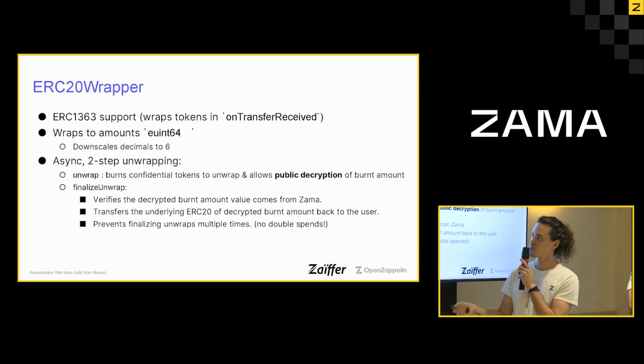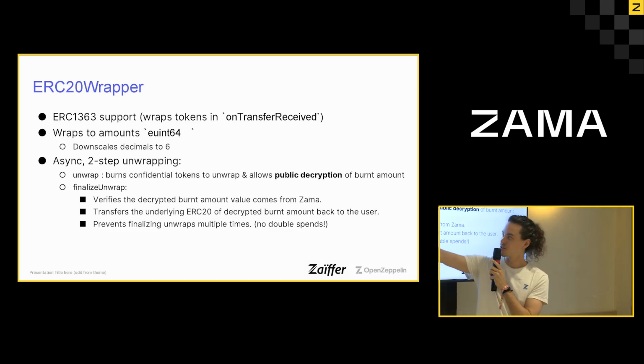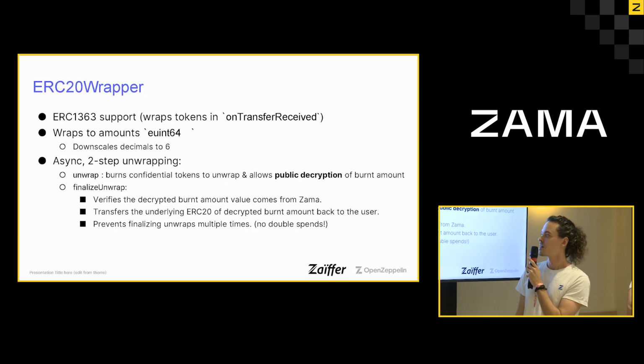The first call, unwrap, will burn the confidential tokens that you are unwrapping, and then it will ask the FHE VM for a decryption proof. Once you've got that, you can feed it into the finalize unwrap function, and that will verify that proof, and then it will transfer you your decrypted ERC-20 amount.